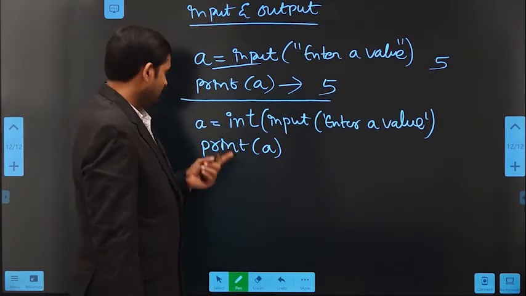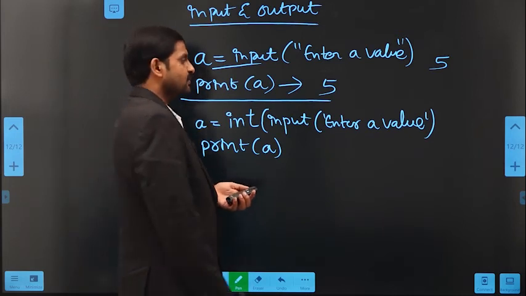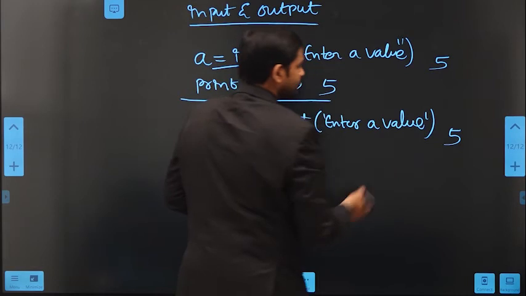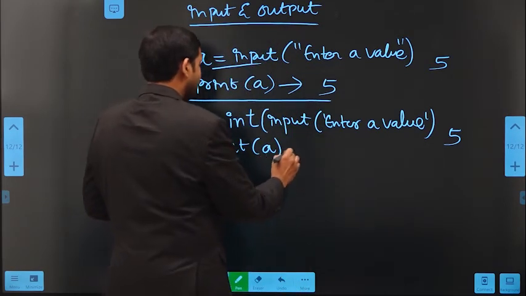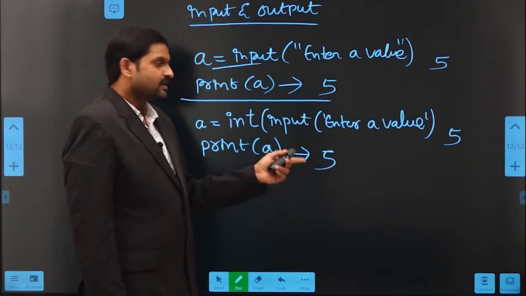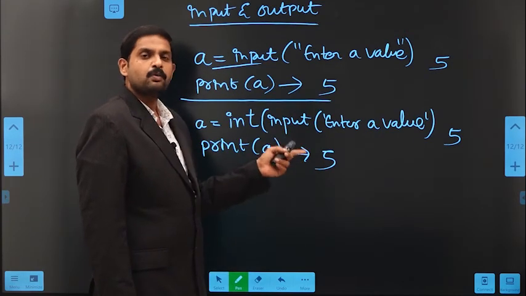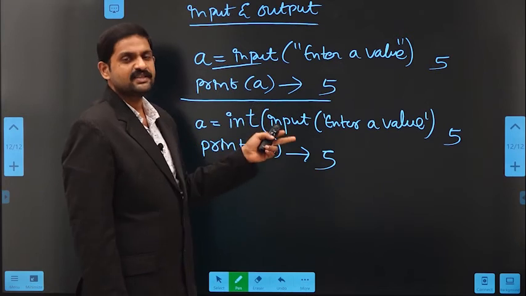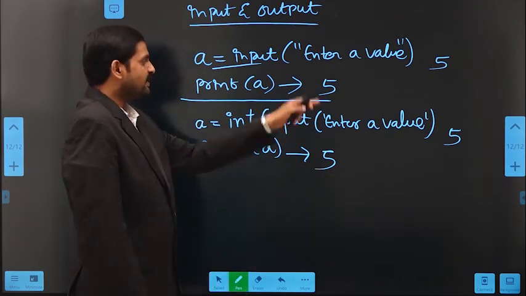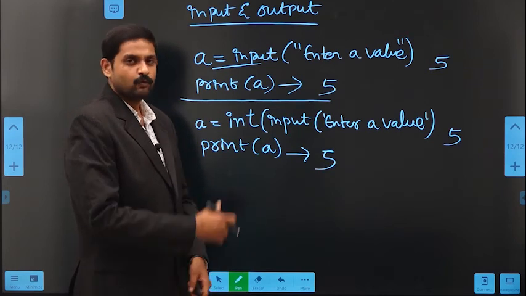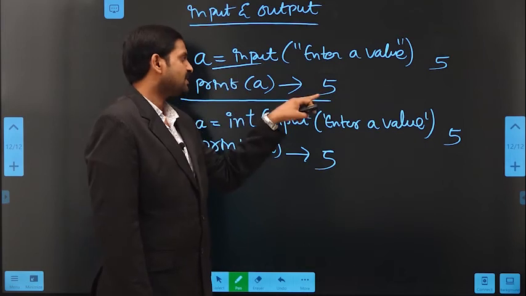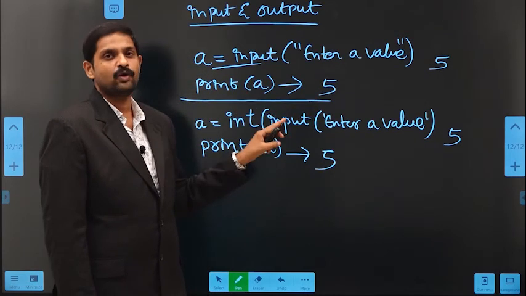Suppose for the first statement you give the input as 5, now it prints the output as 5. Here in the second example, both ourselves and the system identify the output as an integer. But in the first example, only we can understand that 5 is an integer; the system considers that one as a string only.